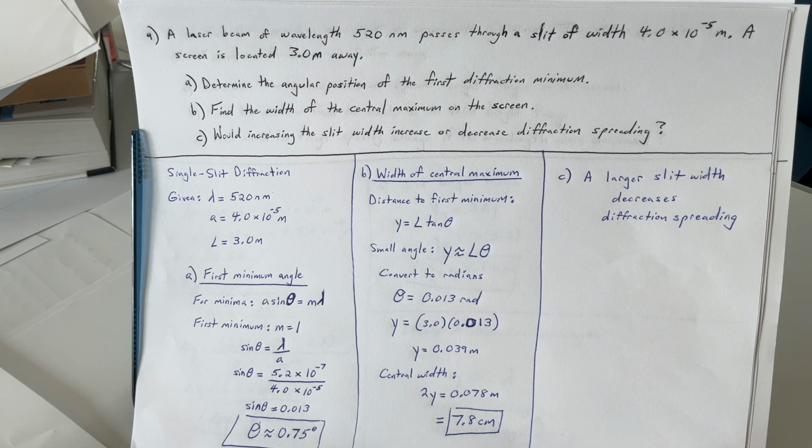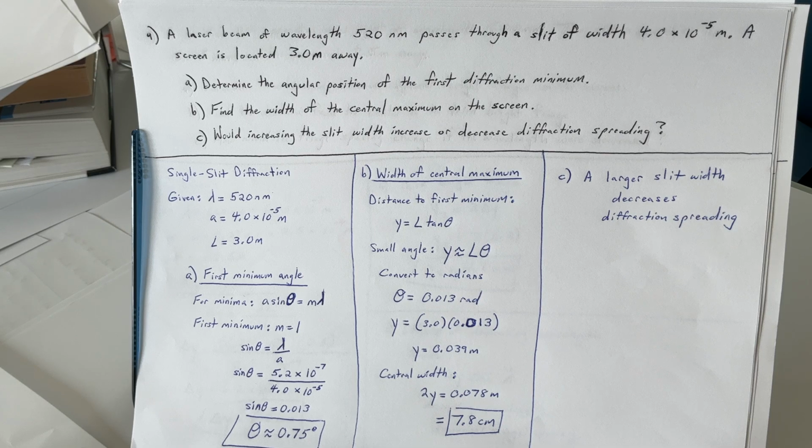Sine of theta is 0.013. Take the inverse sine, you get about 3/4 of a degree, 0.75, for our theta.